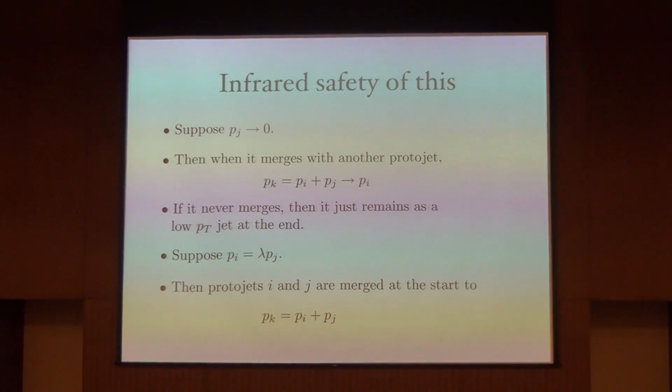And if 2 protojets become parallel, so pi is something times pj, then if they're very parallel, they're merged right away. And pk is then pi plus pj. So it wouldn't have mattered if you had, right from the beginning, replaced protojets i and j by protojet k with the sum of the momentum. Okay, so it's just infrared safe.